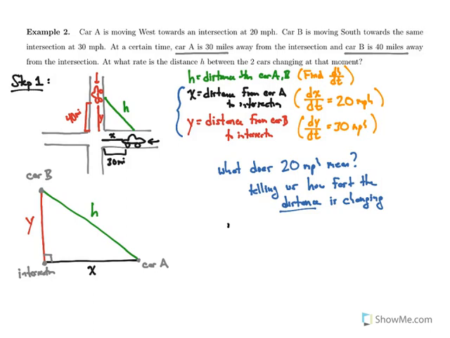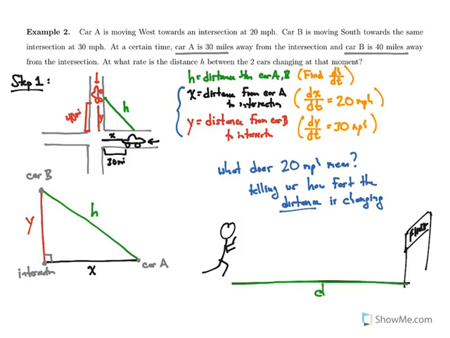So if we were running a marathon or something, and we had some distance to the finish line, then we could tell our speed by saying that we have some distance here, d. That's a terrible letter to use right now. Let's use just x. That's going to be the distance to the finish line, and our speed is just how much that distance is changing.